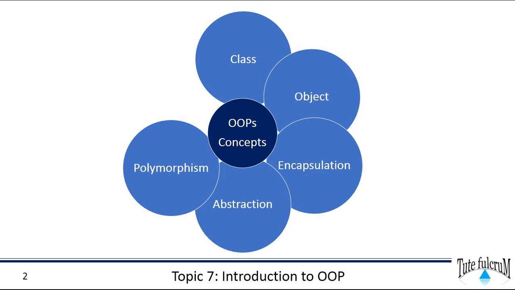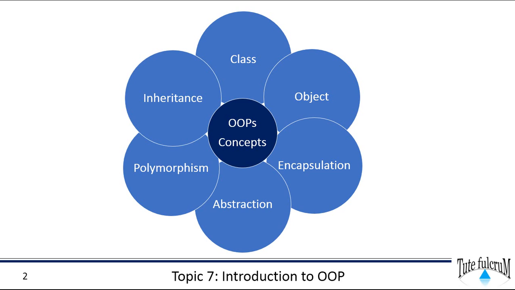Moving to the last characteristic of object-oriented programming, inheritance. The capability of a class to derive properties and characteristics from another class is called inheritance. And inheritance is one of the most important features of object-oriented programming.